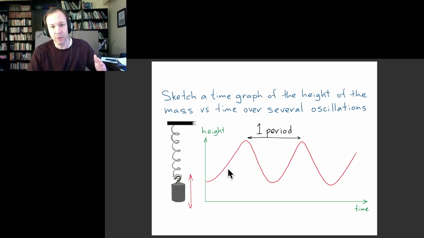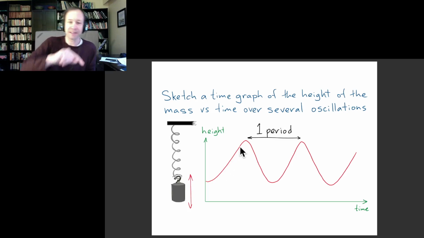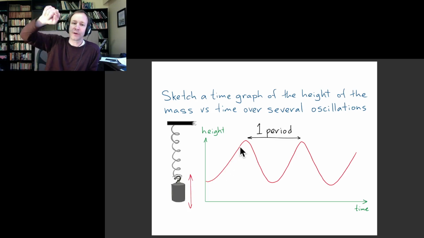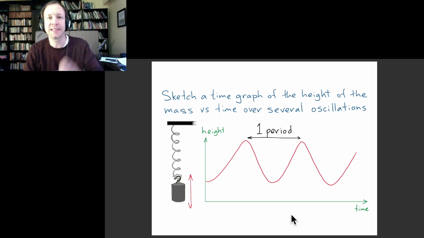And so where it's steepest in the middle, that's where it's going up quickest. And then as it gets higher, then it should slow down and then stop. Okay, so probably my line is too much like a zigzag. Probably it should go up, and then it should kind of gradually curve down, and then gradually get steeper again in the downward direction. Okay, we're going to see the real graph very shortly.